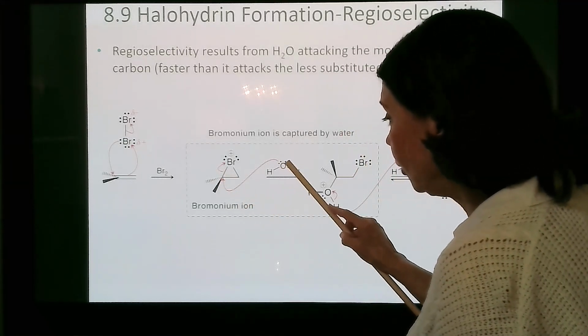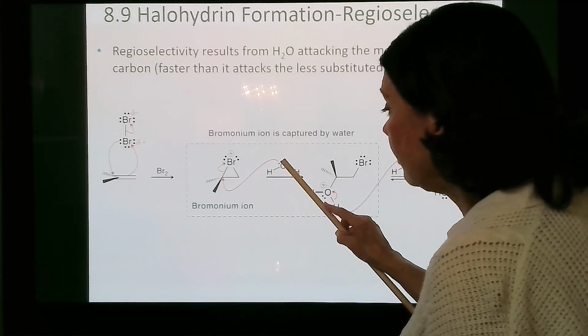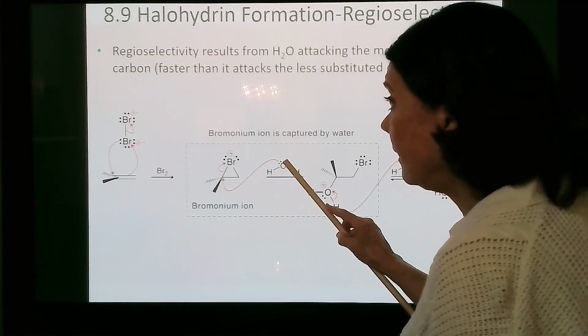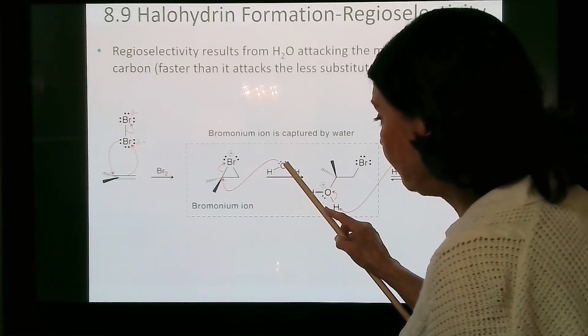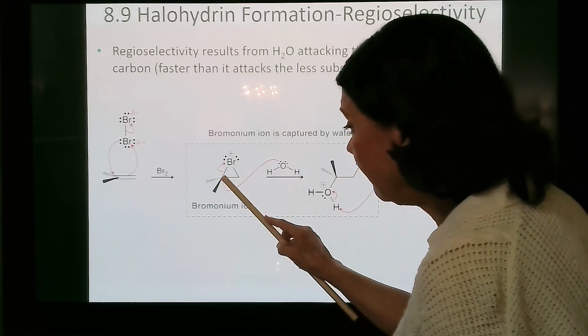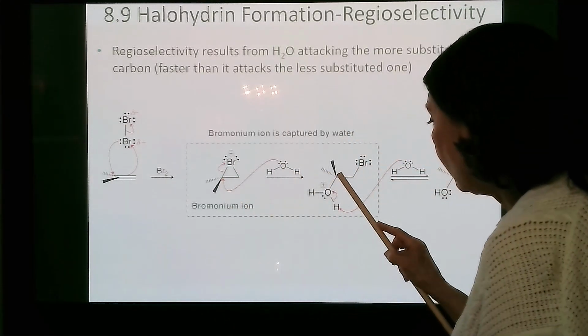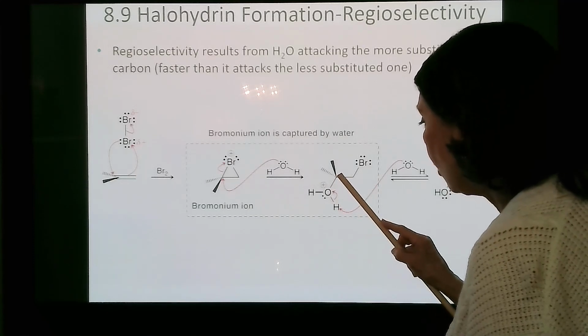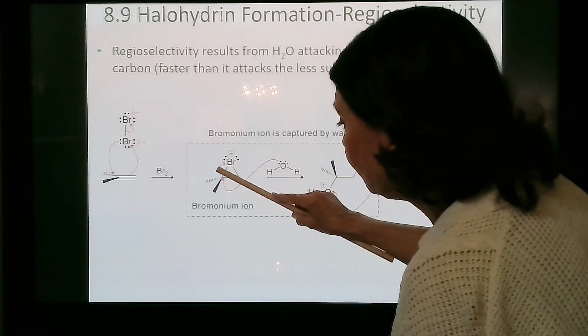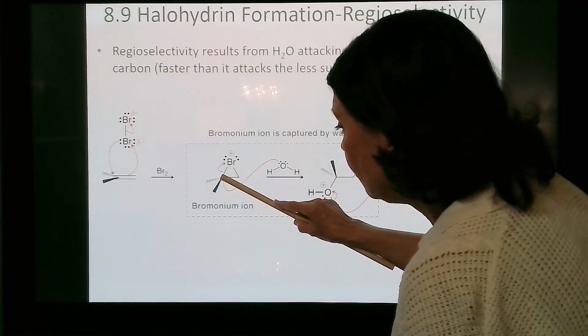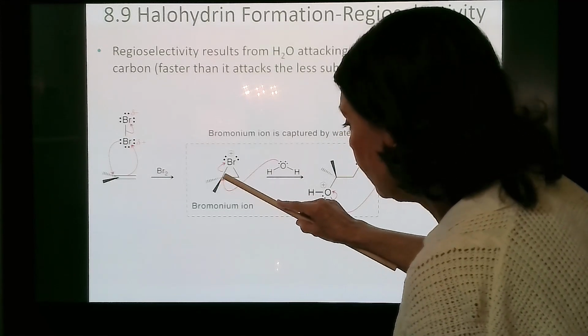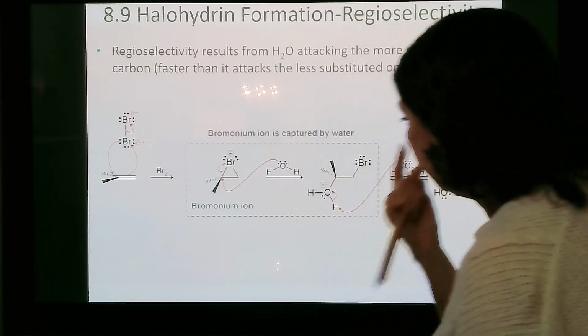So oxygen is electron rich, and it's bearing a partial negative. So this partial negative is attracted to that partial positive. And that's what happens here. So you have the oxygen-carbon bond. So the bromine is pulling more electron density off of the tertiary carbon than the primary carbon.